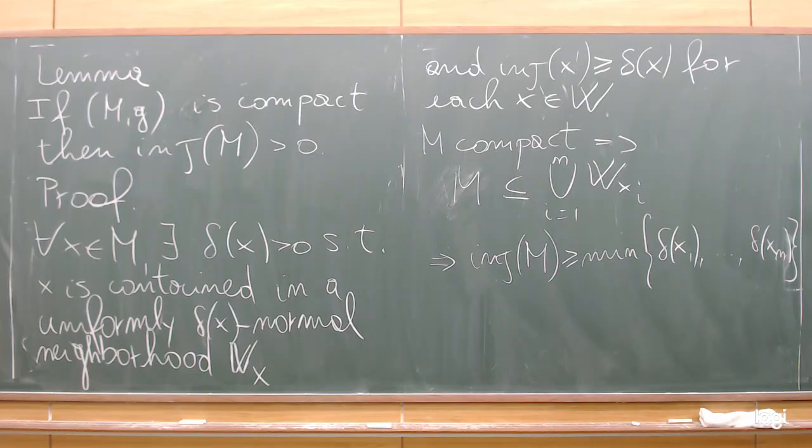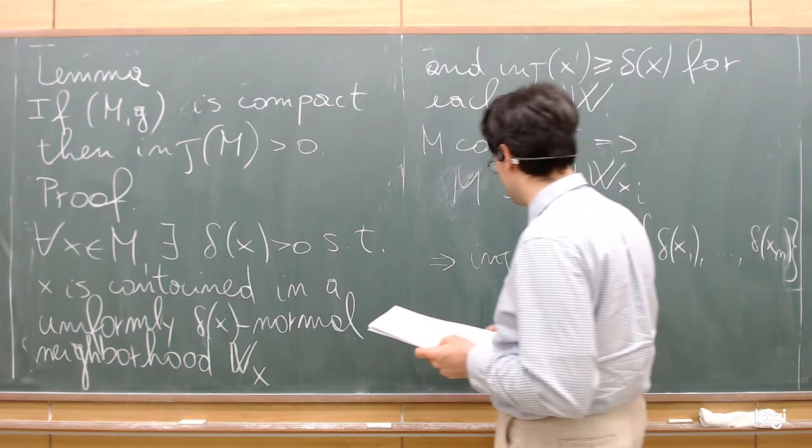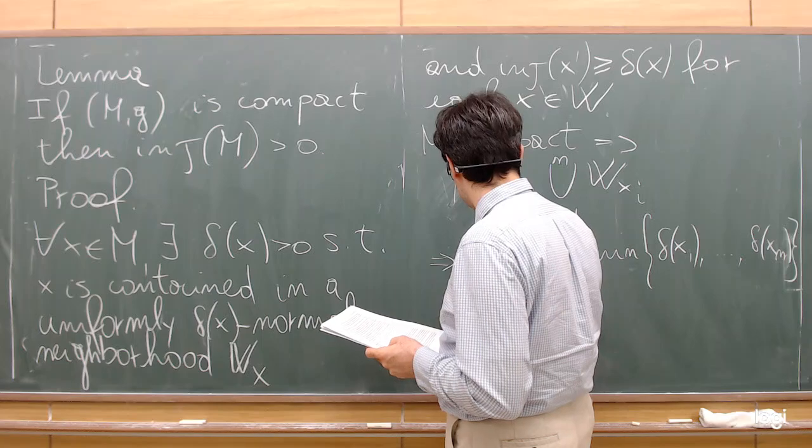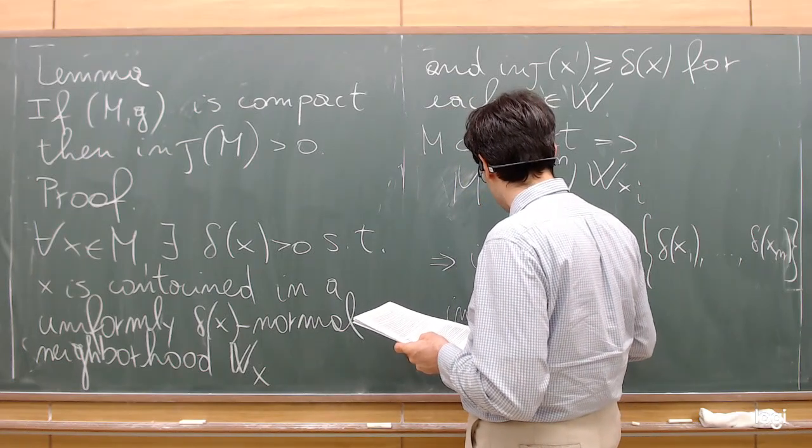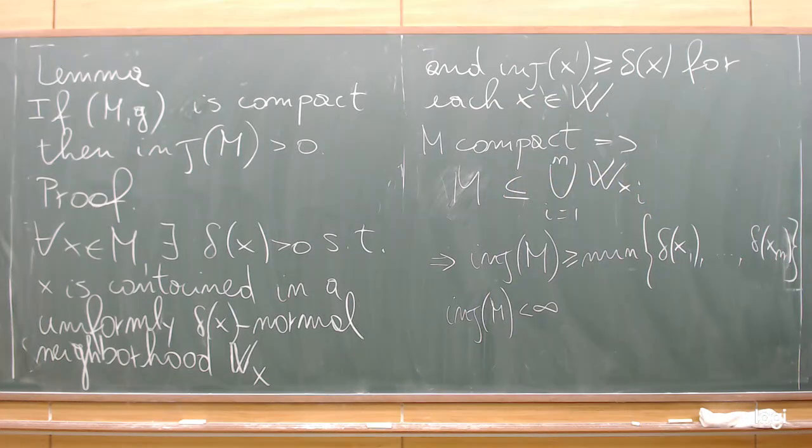This number is clearly positive. It remains to understand why it is finite. This is finite because a compact metric space is bounded, and a geodesic ball of radius c already contains points whose distances from the center are arbitrarily close to c.